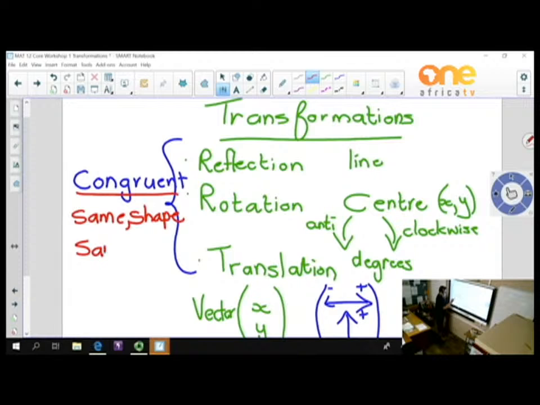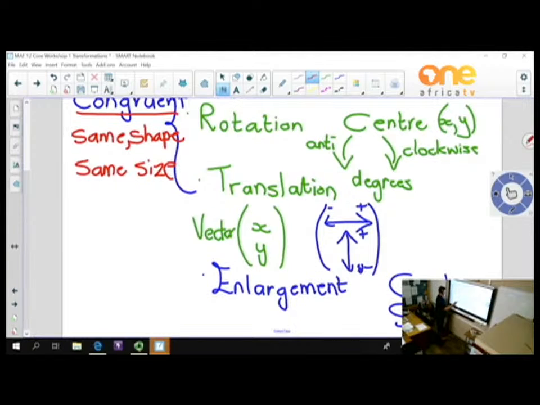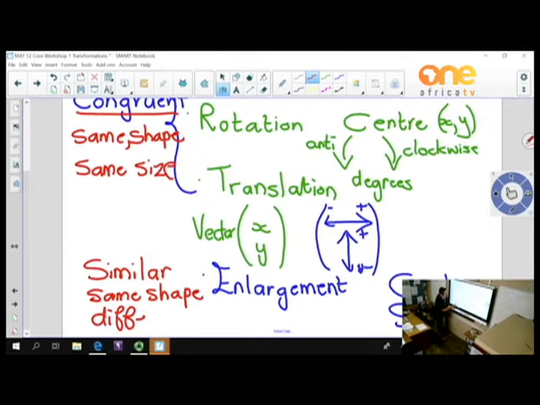The other one is the enlargement, and the enlargement is similar, because they are not equal in size, they are similar. And then we say same shape, different size. So this is what we need to know when we do transformations.